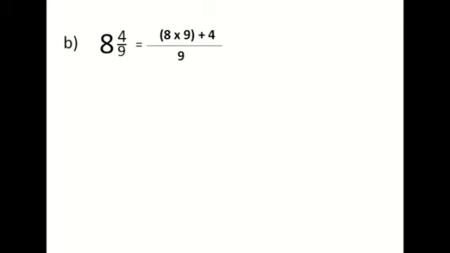You can check it here. Whole into divisor 9 plus numerator 4, by the divisor 9 itself. So 8 9s are 72 plus 4 by 9. 72 plus 4 equals 76 by 9.